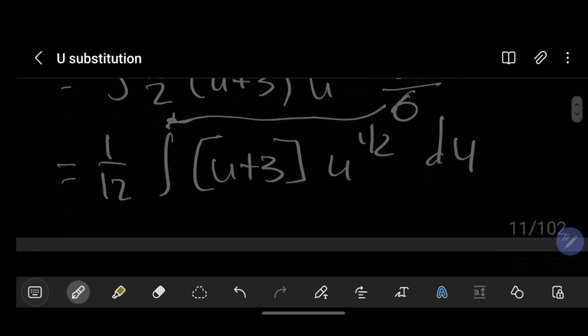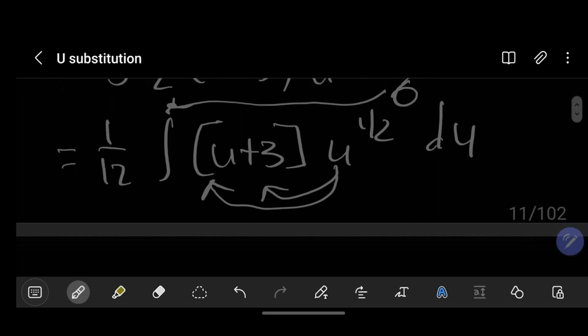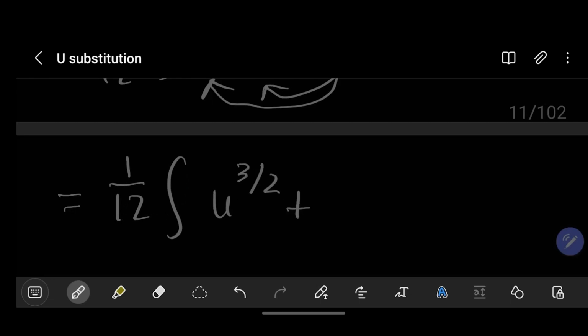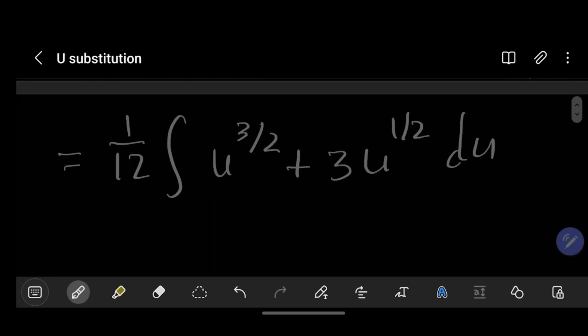Now, similarly to before, we need to multiply the u to the half out into this bracket of u plus 3. So this is now equal to 1 by 12, the integral of u to the 3 by 2 plus 3u to the half du. Okay, and now we've got it in a format we can recognize.